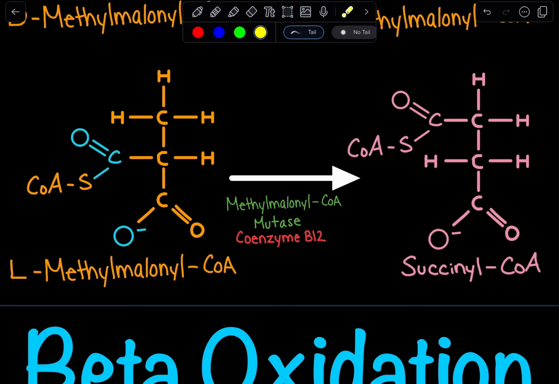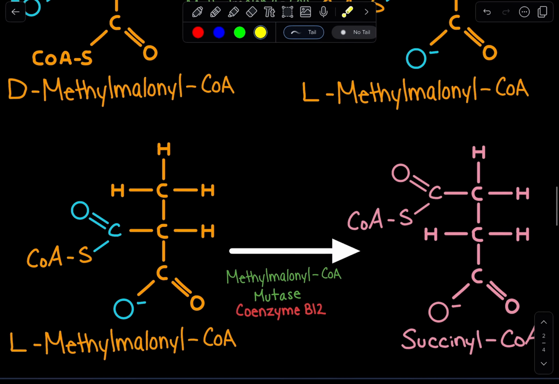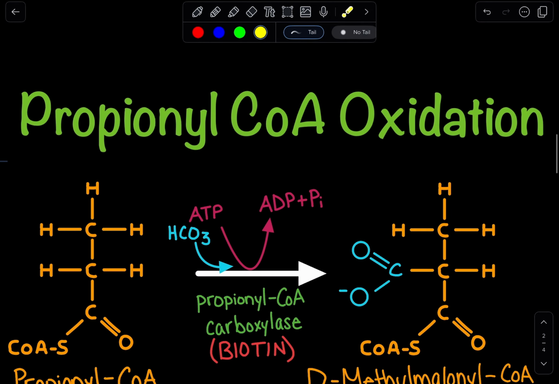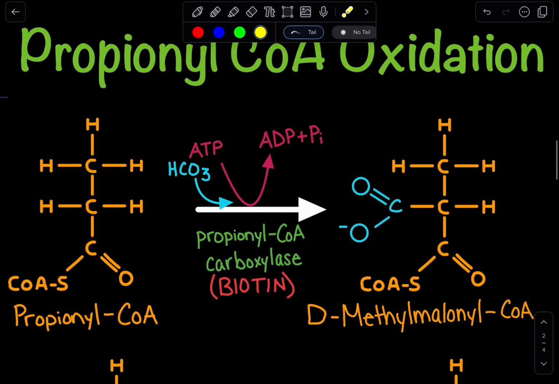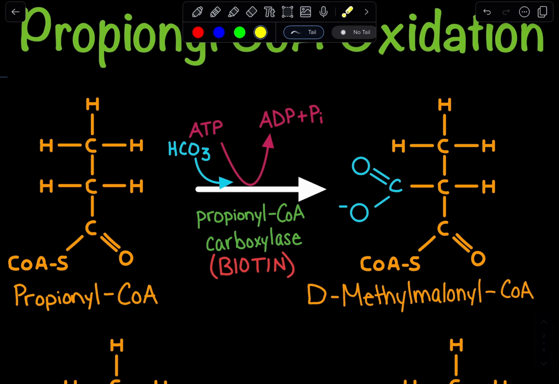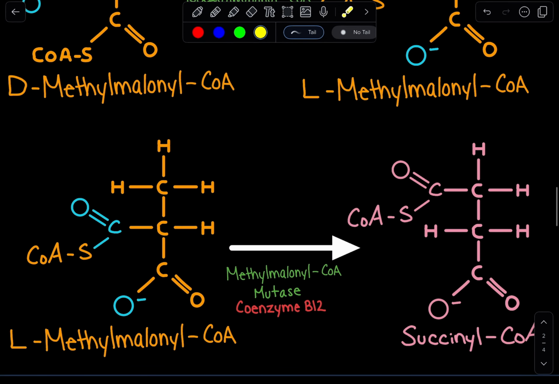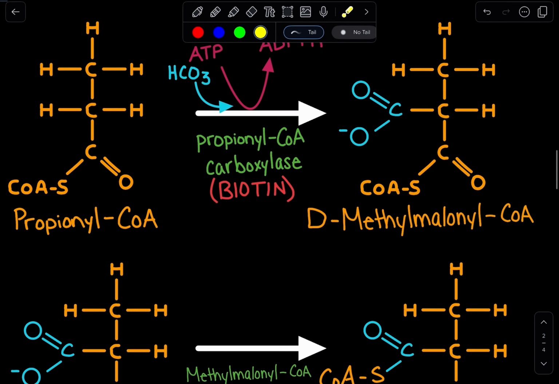It's going to be fed back into the TCA cycle as acetyl-CoA, and it's going to be utilized to produce electron carriers, which are going to produce energy through the electron transport chain. But essentially, this is propionyl-CoA oxidation. It's that 3-carbon molecule at the end of beta oxidation in odd-numbered fatty acids, which is broken down into succinyl-CoA, which is going to go into the TCA cycle to produce energy.